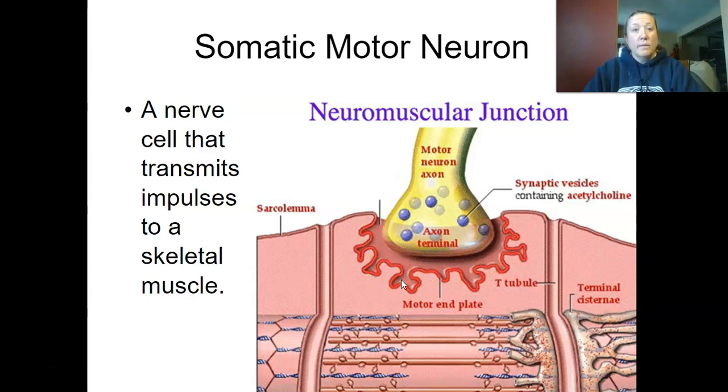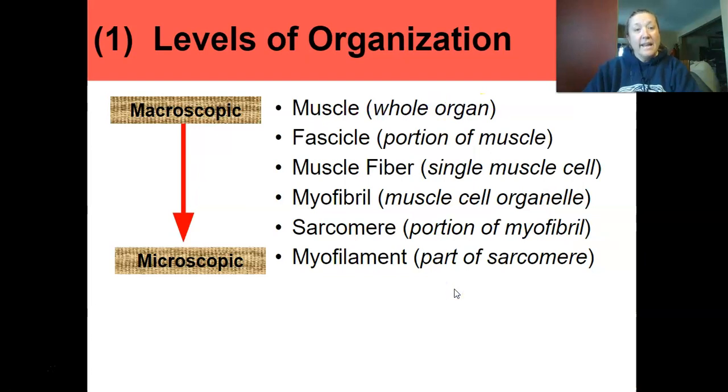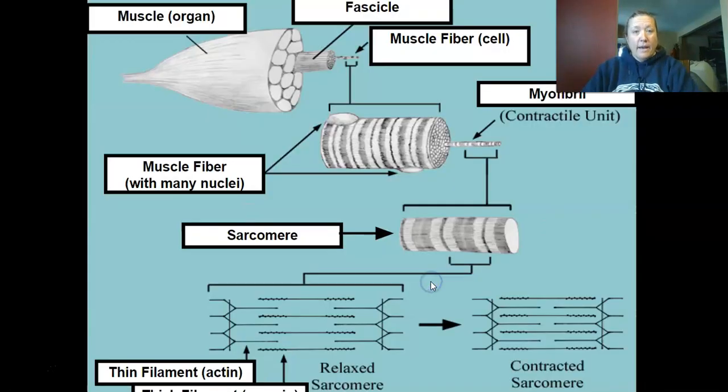The acetylcholine will bond with those, and there's a little bit more to it, but eventually we send this signal down the T-tubule, which tells the sarcoplasmic reticulum to let out the calcium ions, which then allows the myosin to grab the actin and create a contraction. So these somatic motor neurons are super important for voluntary skeletal muscle. All right, so those were your words. I hope that makes sense.